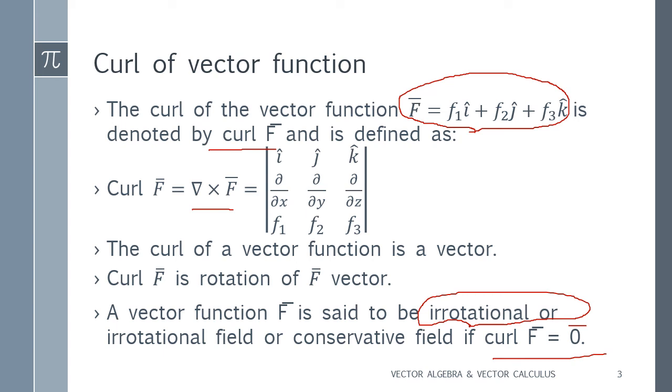So sorry, there is one correction. Okay, so curl is another word we can call irrotational, or as we can say, conservative field. Okay, so there are so many names for this. So just keep it in your mind, either curl or irrotational or conservative field.